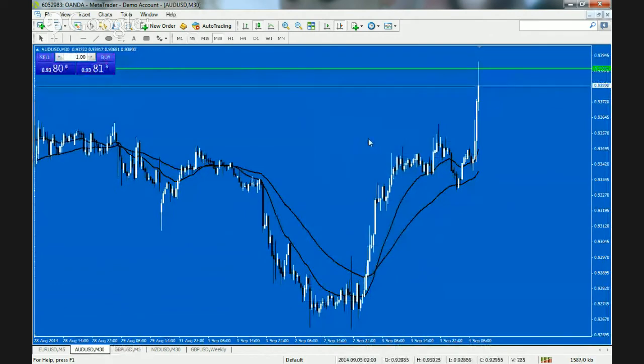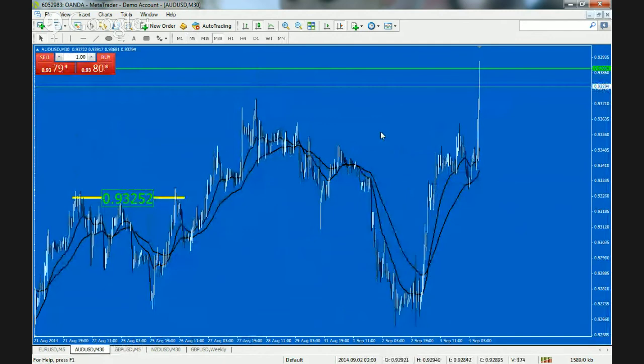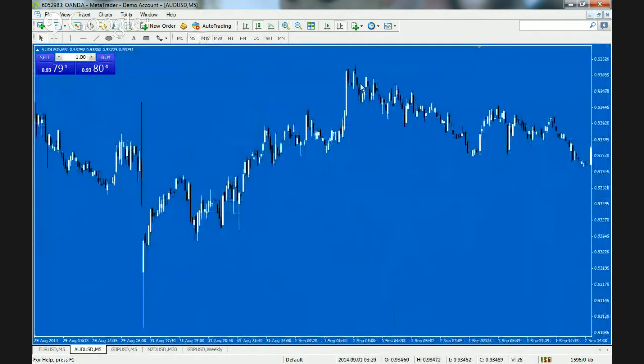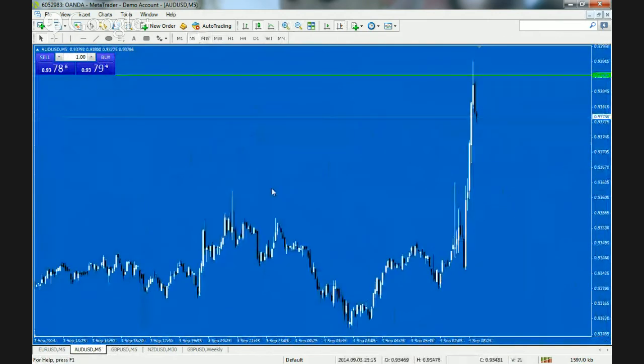Australian dollar moves a little bit differently than the others. It's tied to commodities. It's got a very different economy. It doesn't move quite like the pound and the euro. Of course, the pound and the euro move very different as well. But let's go to the 5-minute and take a look at it. If you want to practice, let's see if there's a trade there.